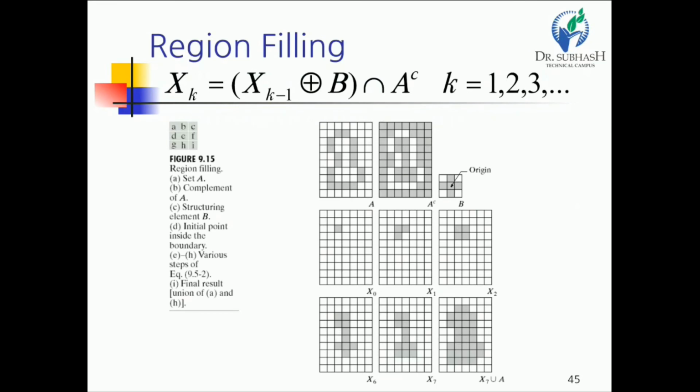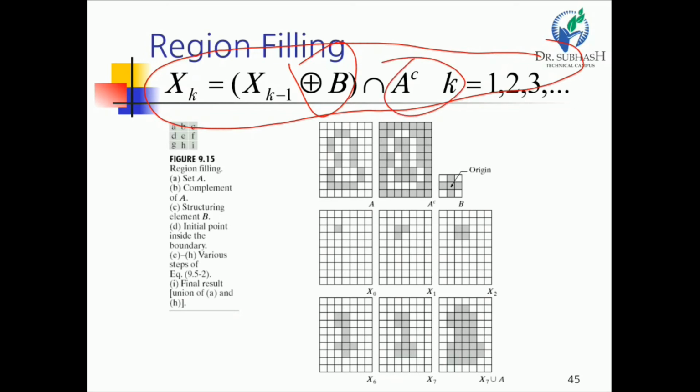Now this is region filling. In region filling, the function can be represented as X k equals X k minus 1 dilated with B, intersected with the complement of A, where k equals 1, 2, 3 up to n minus 1.